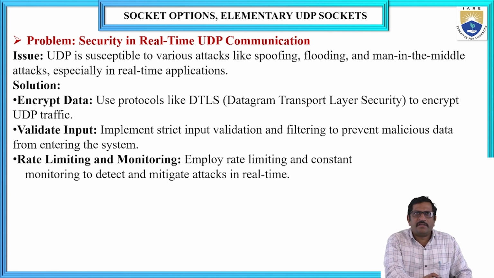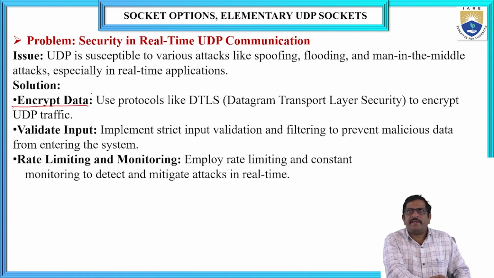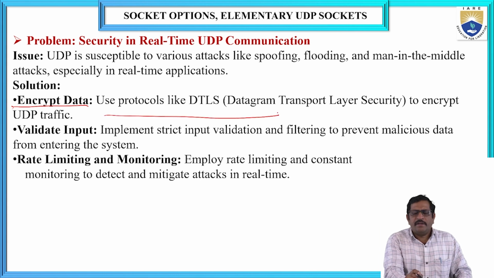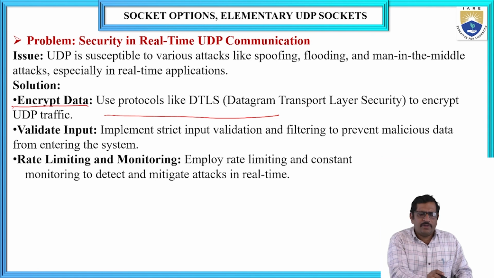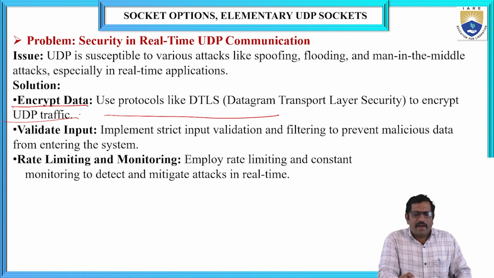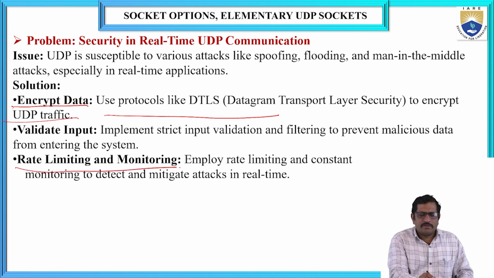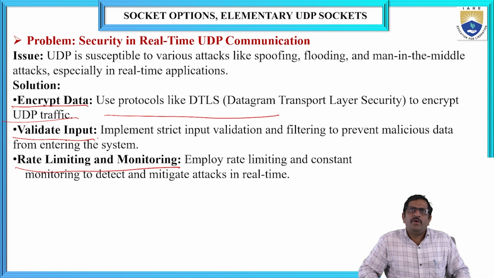The solution is to use encryption, the DTLS protocol, Datagram Transport Layer Security, to encrypt UDP traffic, along with input validation, rate limiting, and monitoring. With these techniques we can provide more security for the data communicated over UDP in real-time applications.